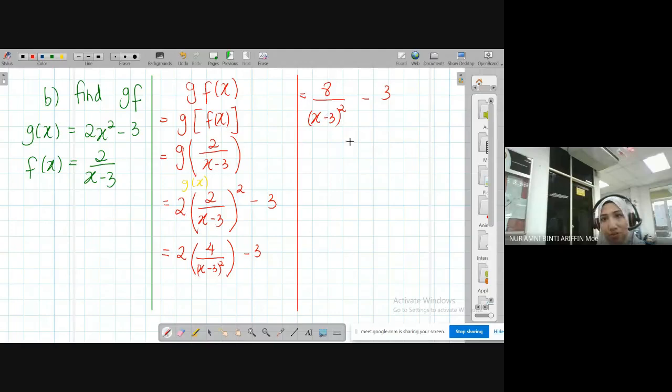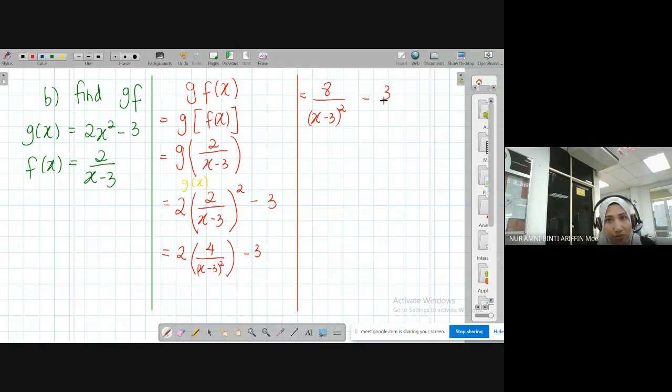So guys, how to solve this one? As usual, you have to make it the same. The denominator must be the same before you subtract both numbers. Sebab how to solve the fraction? You mesti kena samakan dia punya penyebut. This one we call a denominator.